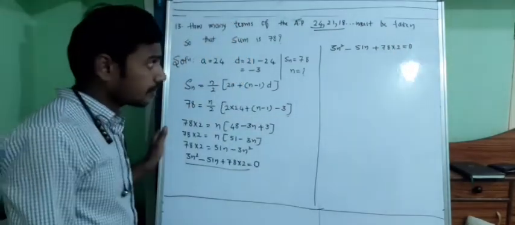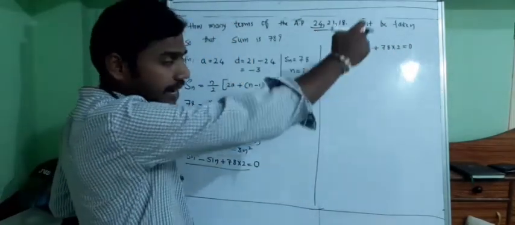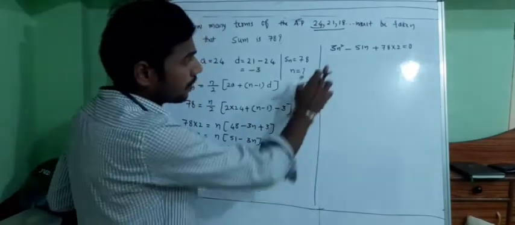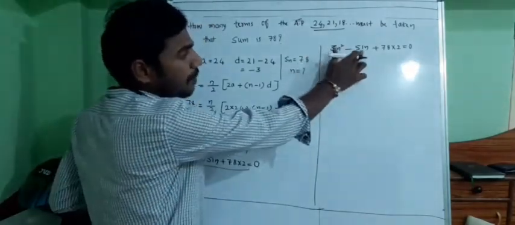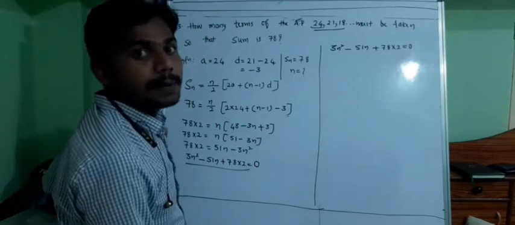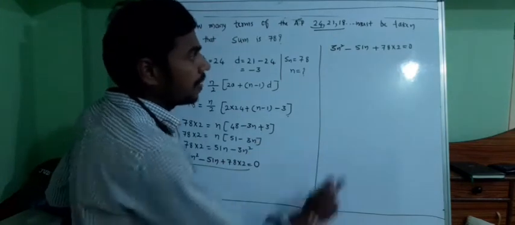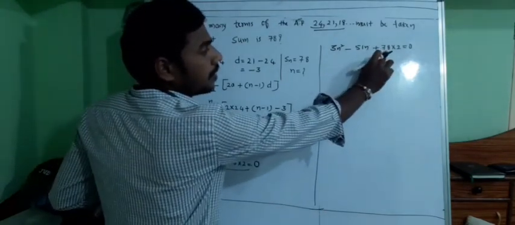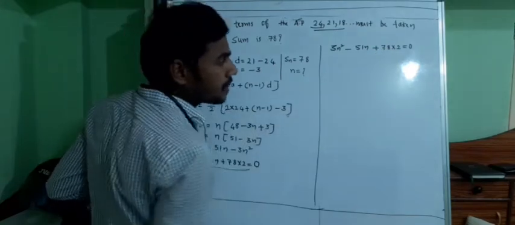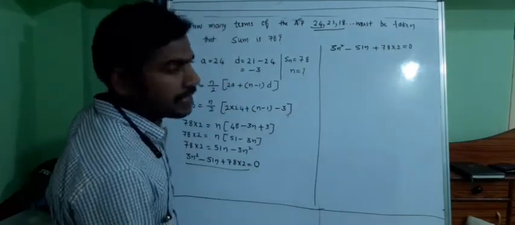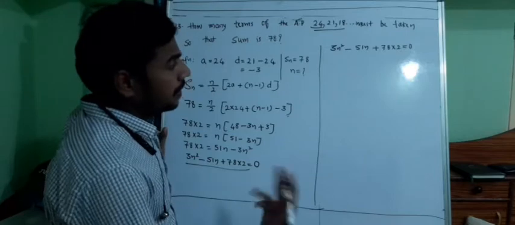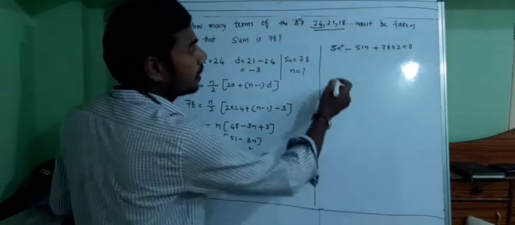Fine. Now I'll divide the entire equation by 3 because 3 is here. 5 plus 1, 6. 6 is a multiple of 3, I can divide it by 3. Next, 7 plus 8, 15. Is 15 a multiple of 3? Yes. So I can go ahead with 3.